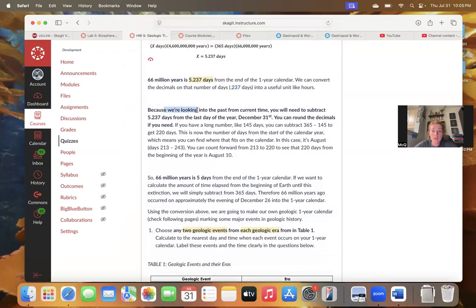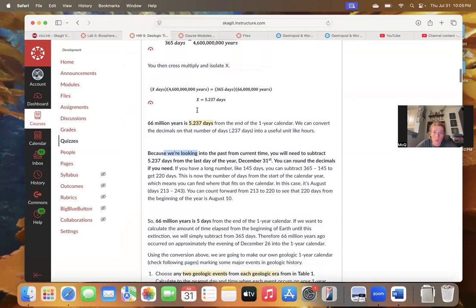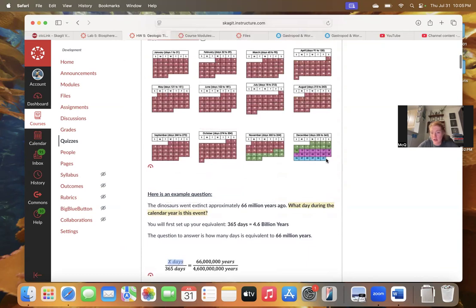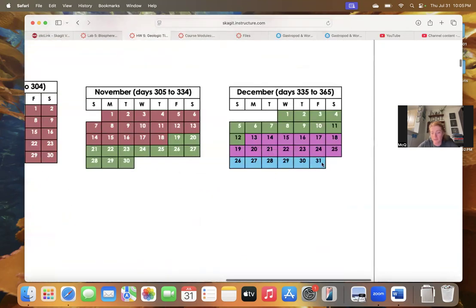Because we're looking at the past, we're saying the dinosaurs died 66 million years ago from today, right? So this X that we got, 5.237, is 5.237 days ago. And if present is the end of the calendar year, let me zoom in here.